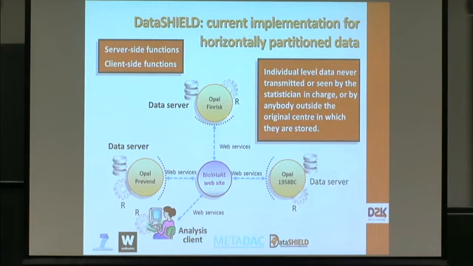The way that this is driven is that we have the analysis client sitting here. Typically in our real world implementations, rather than having the analysis client go directly to each of the studies, we go through a central place. In the case of this project, there was a BioShare website sitting in Groningen in the Netherlands. So this analysis client can be anywhere in the world.